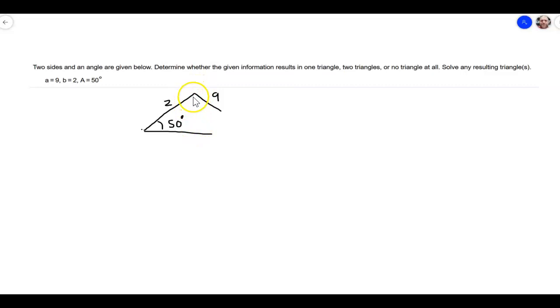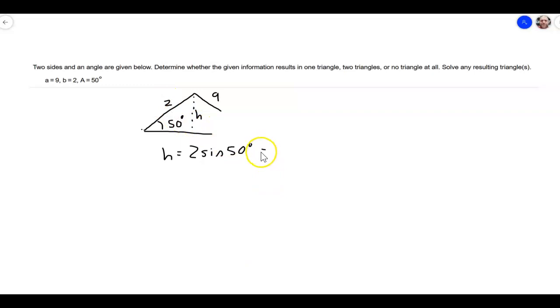So my height here is going to be 2 times the sine of that 50 degrees, because the sine is opposite over hypotenuse.